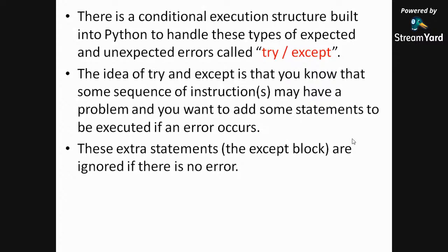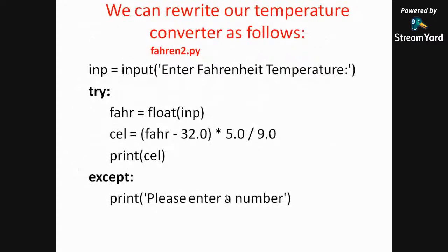That can be done by using the try except keywords. These extra statement blocks are ignored if there is no error. Don't think that if you write try except it compulsorily throws an exception. If there is no error, your program executes normally. We'll now see how to include try except in our code.